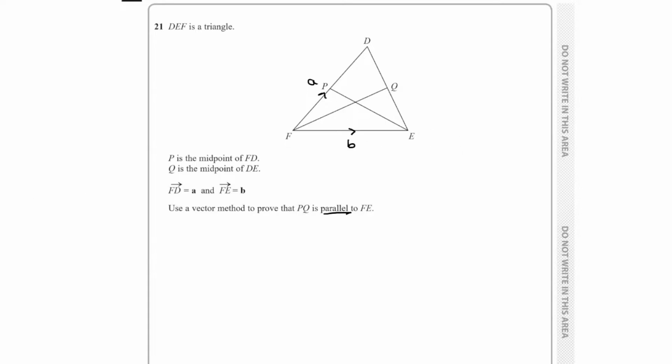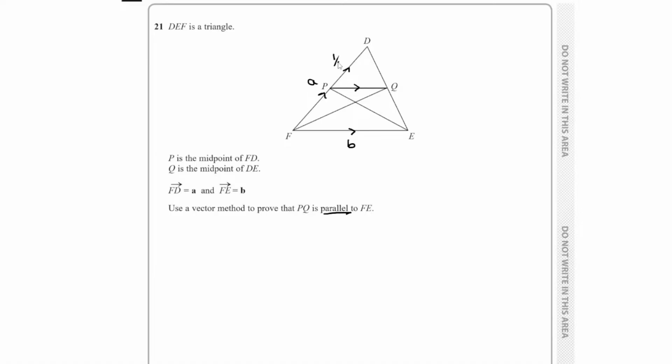And then the second thing is that we want to show that one's a bigger version. Yeah, it must be a multiple, exactly. So we just basically need to find PQ, which is quite easy. Even if you're not sure what to do, my recommendation for vector questions is to just start writing down any vectors you can figure out, because normally that's the first mark or maybe 2 marks. So P to Q, you can obviously go back all the way down, but I went up to D and then down to Q. So as you were saying, F to P is the same thing as P to D, isn't it?